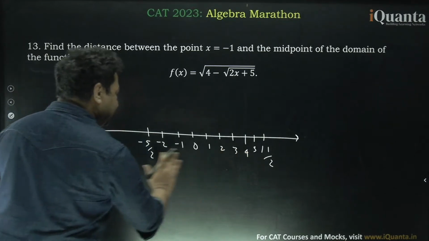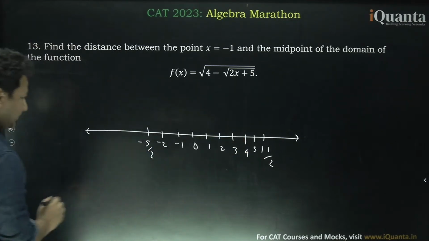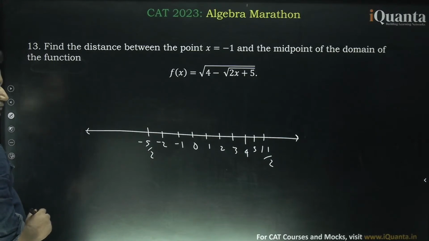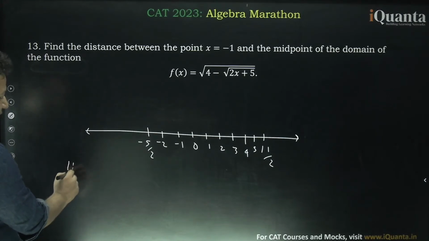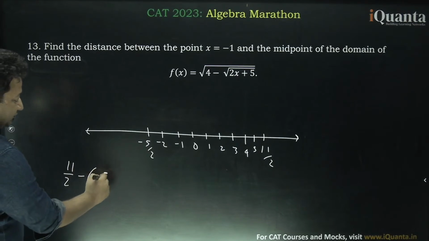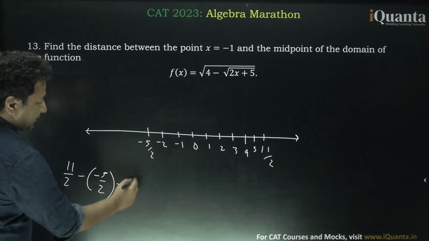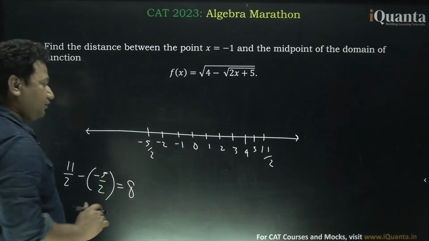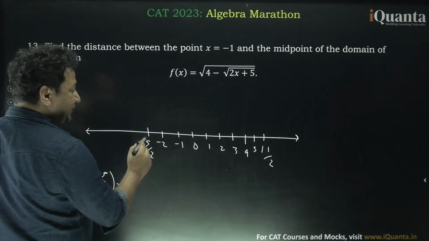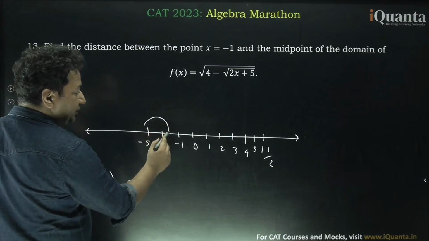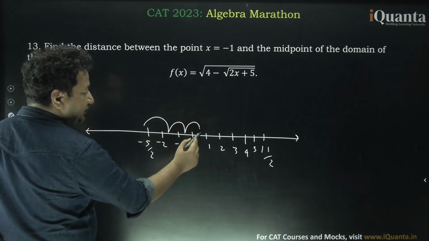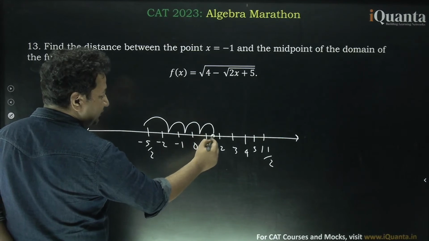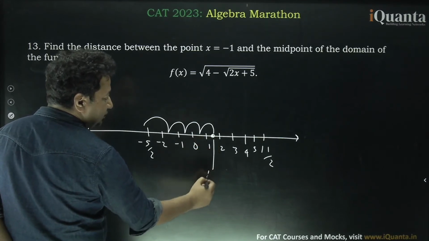So what is the difference between 11 by 2 and minus 5 by 2? 11 by 2 minus of minus 5 by 2, you will get 8. 8 is the difference. इसका मिड पॉइंट क्या होगा? बिल्कुल बीचों बीच होगा, जो इससे 4 स्टेप्स आगे होगा. So 4 steps from minus 5 by 2: 1 step, 2 steps, 3 steps, 4 steps. That is the midpoint, which comes out to be 1.5.